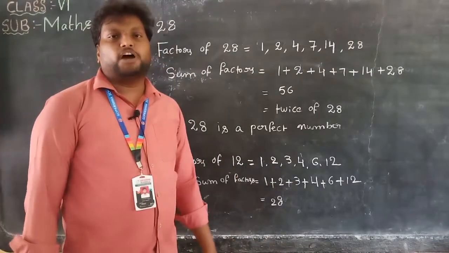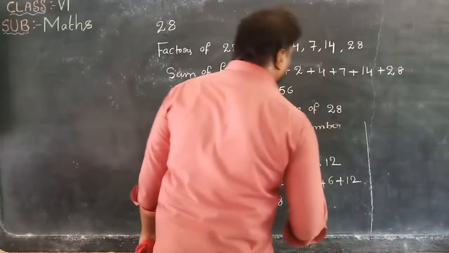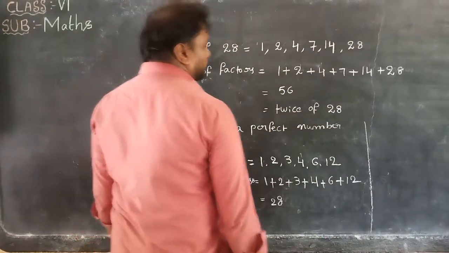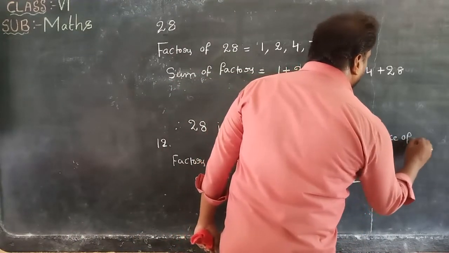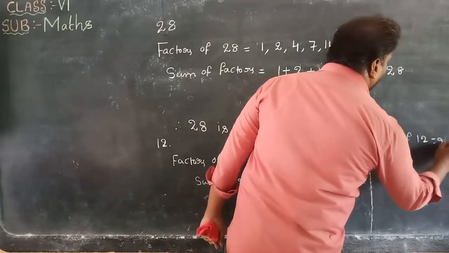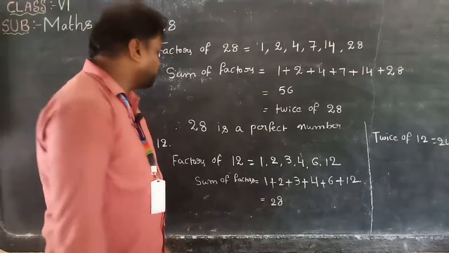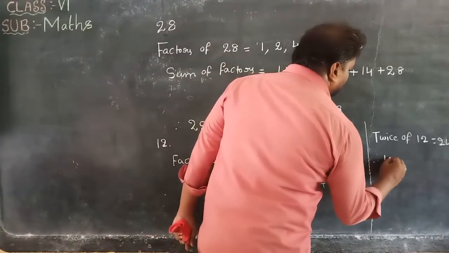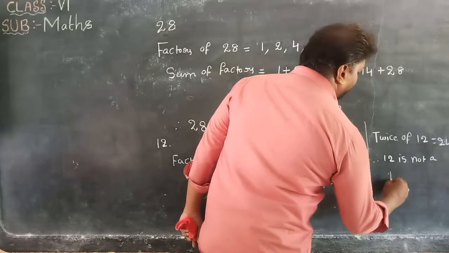Twice of 12 is 24. But here the value is 28. Therefore, 12 is not a perfect number.